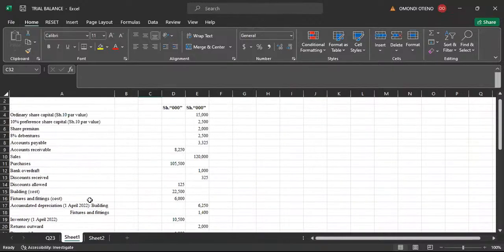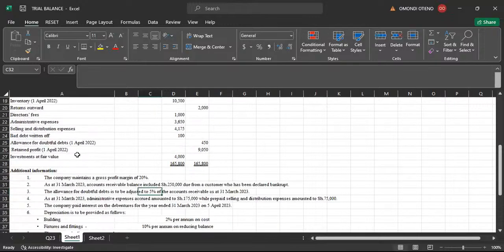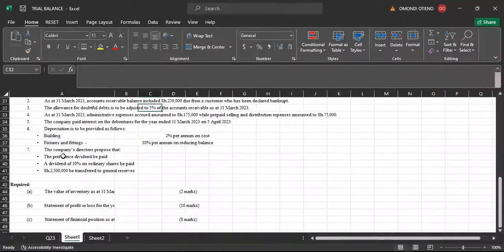And you're able to see here that it is 10% preference share capital. So 10% of the preference share capital value is what will give us the dividend amount. So they proposed that the dividends be paid.